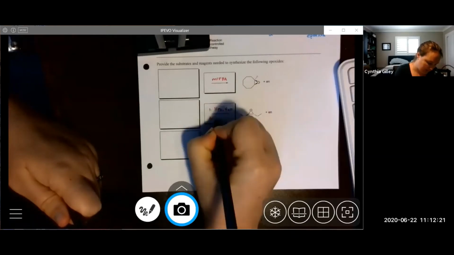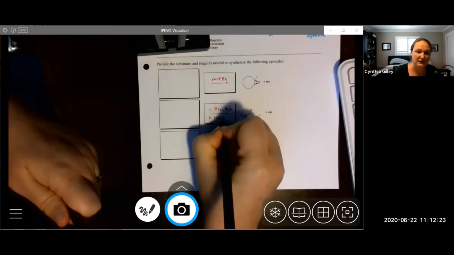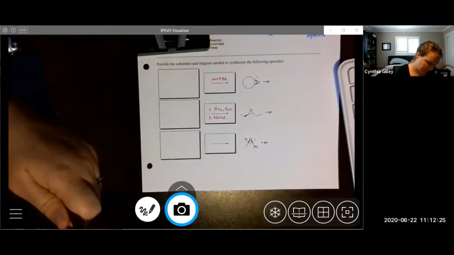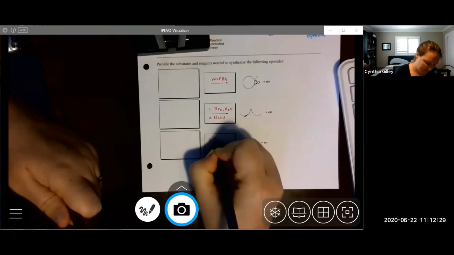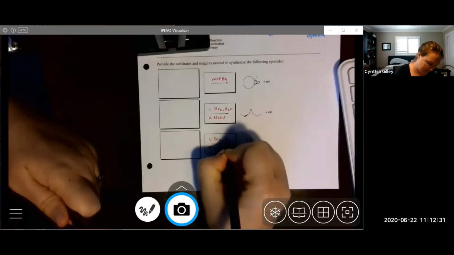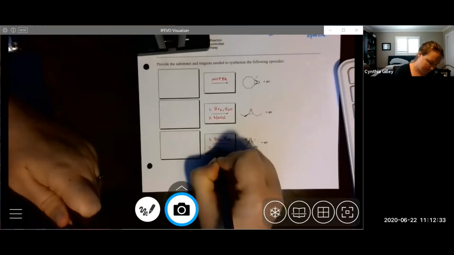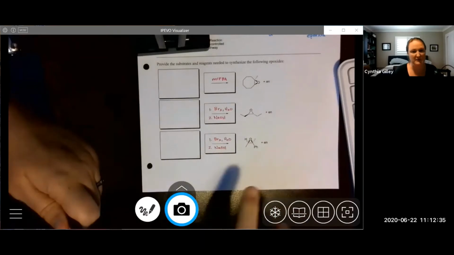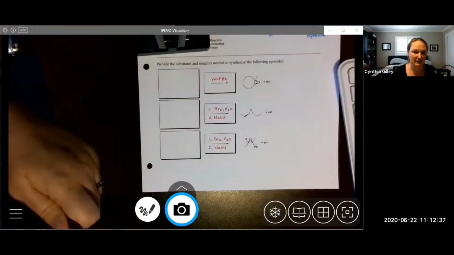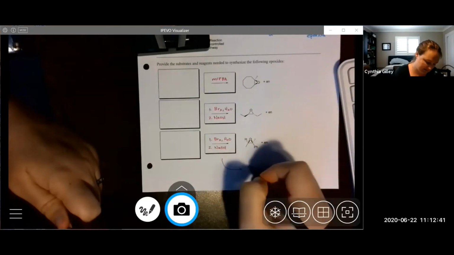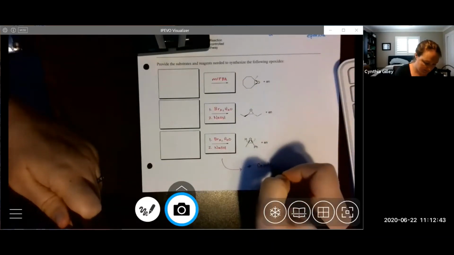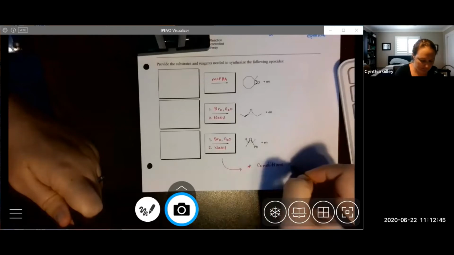So you want to learn both sets of conditions for making an epoxide. And just to make it a little different than his, I'll just go ahead and write something different for this one. He wrote mCPBA, but again, it doesn't matter. So really, the conditions are either or.